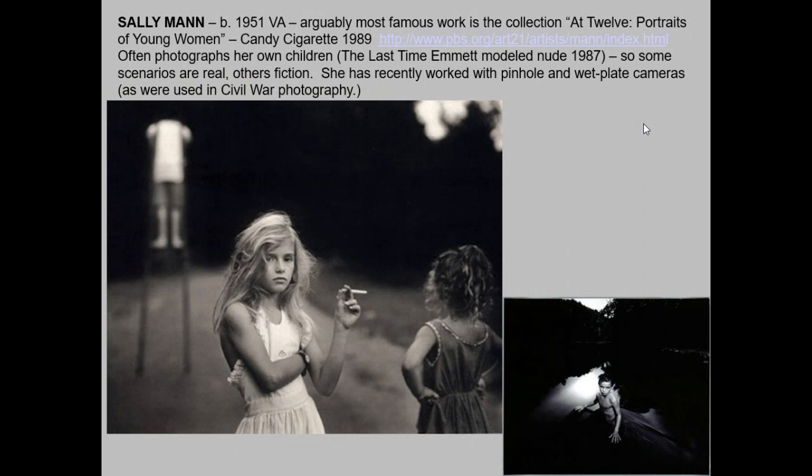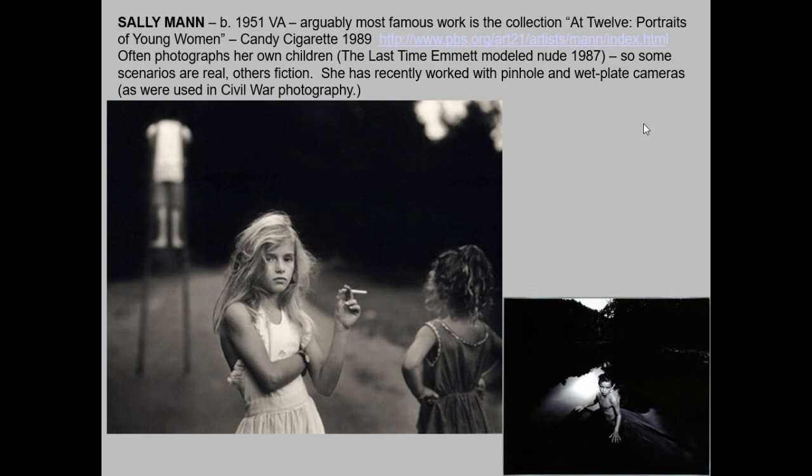Sally Mann became well known for images like this that at first glance seem to be children engaged in very adult activities. In fact, the photograph at the left of the girl smoking is actually her own daughter and her other children. She's holding a candy cigarette, so she's not actually smoking, but the pose and the expression on the bodies really show that children do imitate adults, and they play at the role of being adults, even though they're not maybe mature mentally and physically enough to take on those roles.